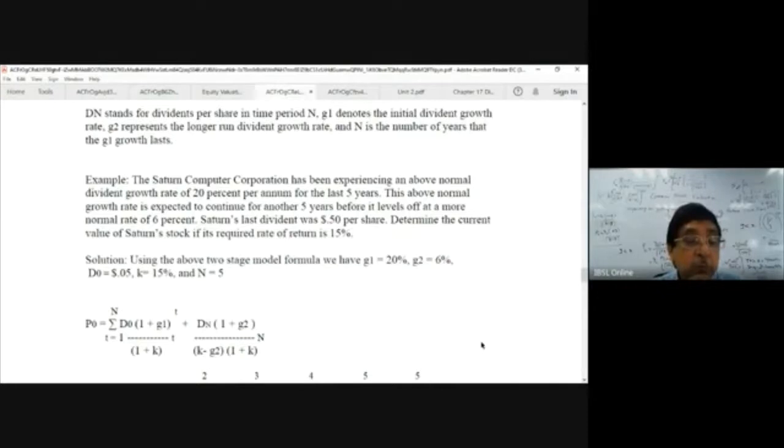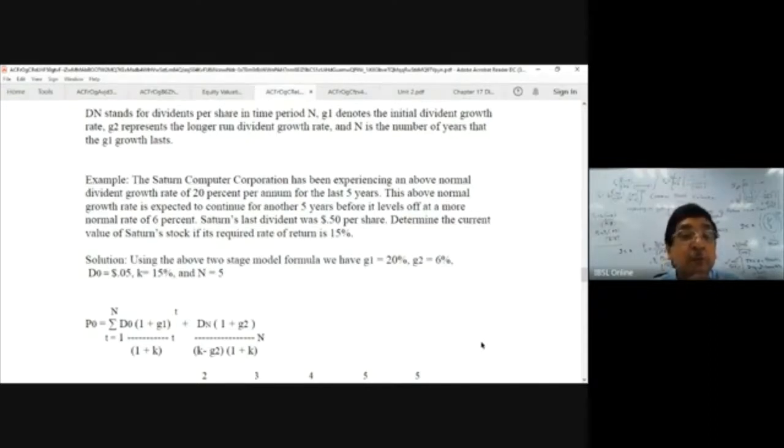Now, for the first 5 years, what will happen? The growth rate of dividends would be very much higher than K. So therefore, we need to calculate the first 5 years' cash flows in order to get that value.